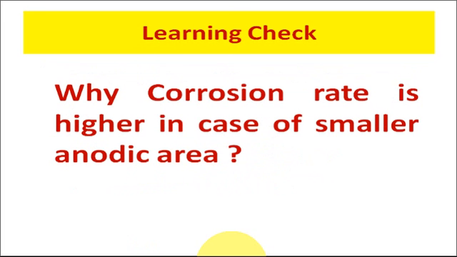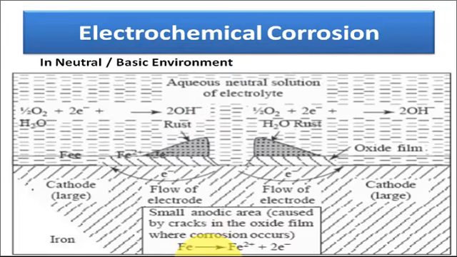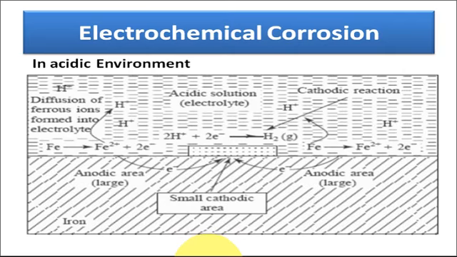Now it's time for the learning check. I'm leaving this lecture with the question: why is the corrosion rate higher in case of a smaller anodic area? Look again at this diagram. First condition, when an acid drop is present at the metallic surface, anodic area is large and cathodic area is small.